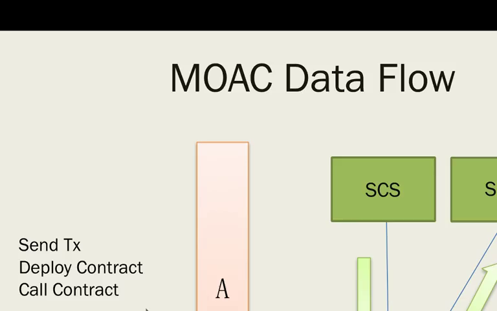Here is the data flow of our microchain system. Basically, we send transactions, deploy contracts, call contracts, and use the operations of the blockchain through our API layer. All the API requests will be sent to the vNode, and the vNode will broadcast the information to other vNodes.